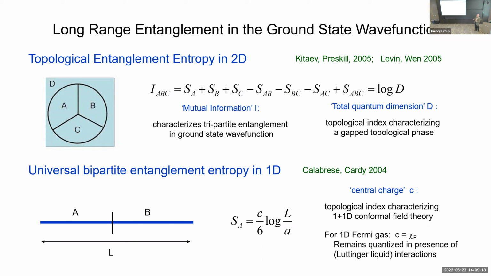An example of that is that Michael Levin and Wen, and also Kitaev and Preskill, introduced this concept of the topological entanglement entropy.